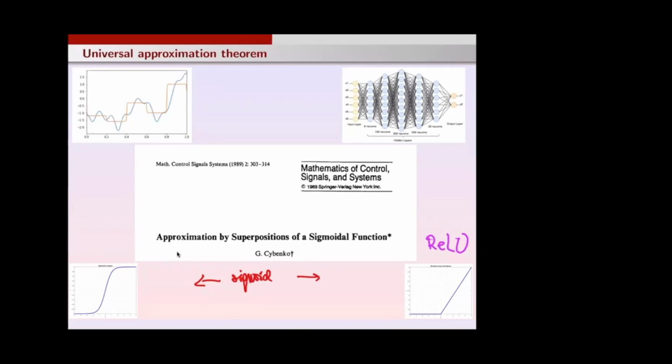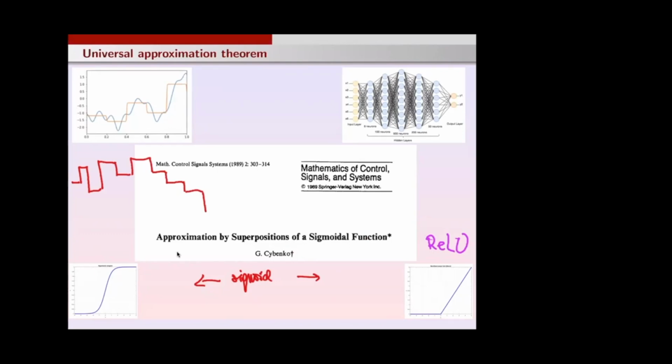What Cybenko is basically telling us is that, as in the principle of the Riemann sum, the same that you can approximate functions by piecewise constant simple functions, you can also do with functions of this sigmoid shape.